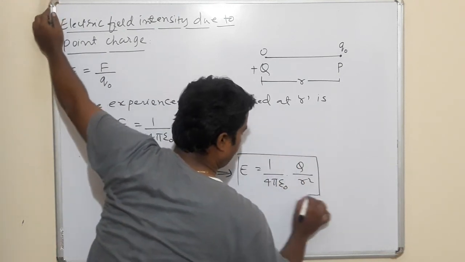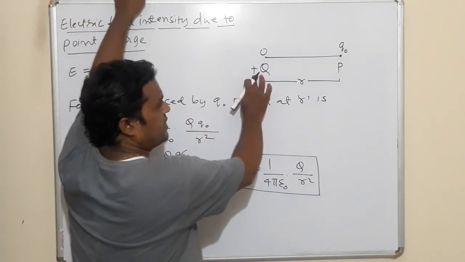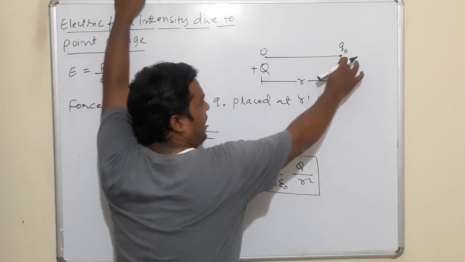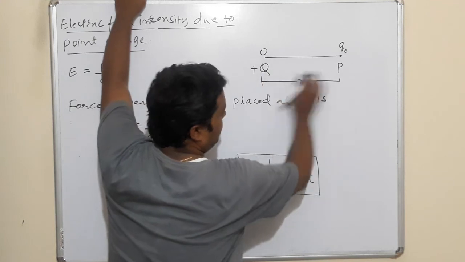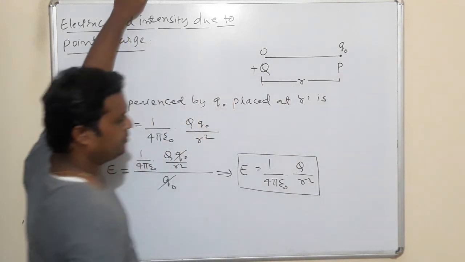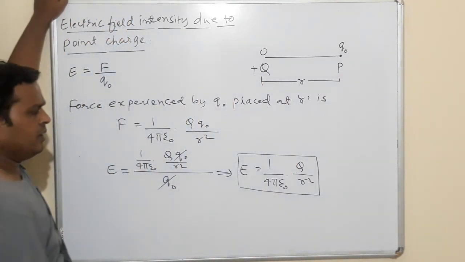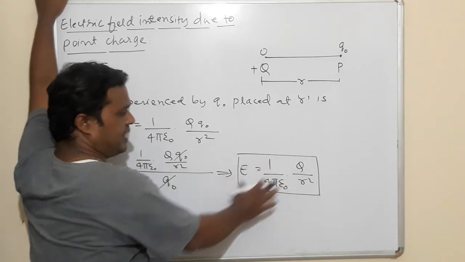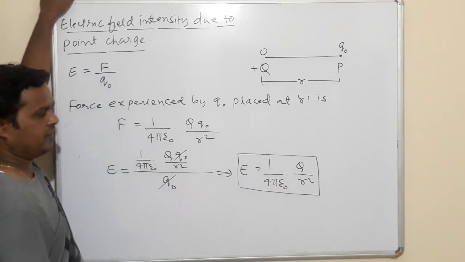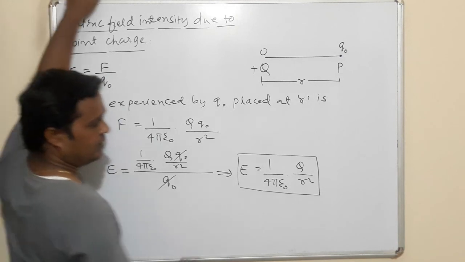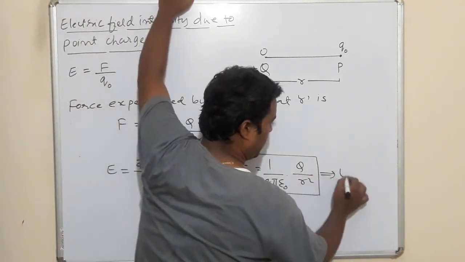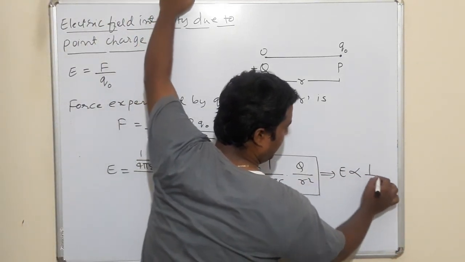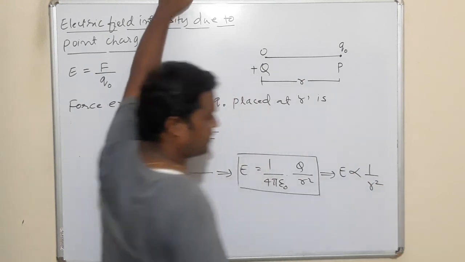So this is the electric field due to a point charge at a point which is at a distance r from the charge. This gives the magnitude of electric field strength at a distance r. From this formula we can say electric field is inversely proportional to r square.